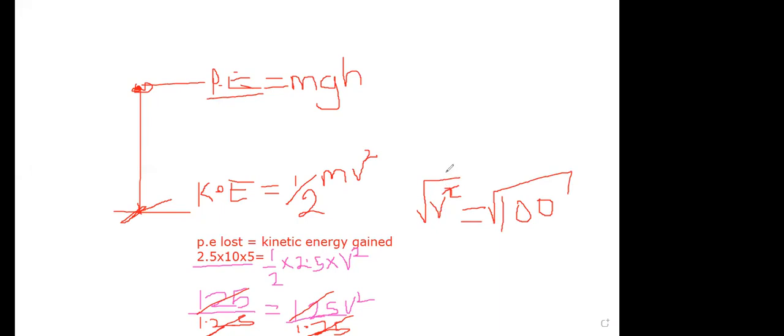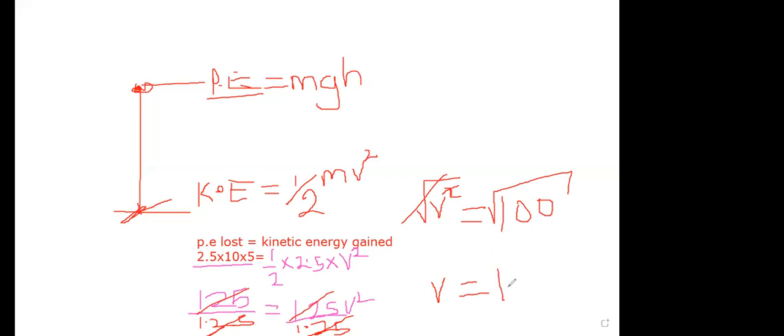And getting a square root on both sides, our V will be equal to the square root of 100, which is 10.